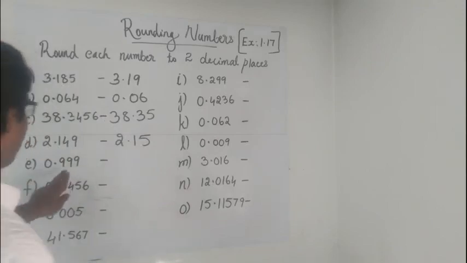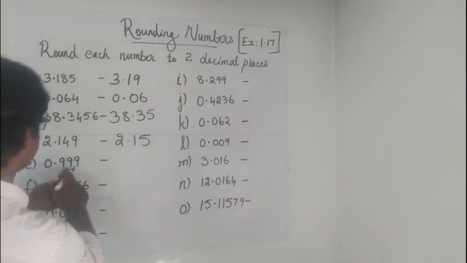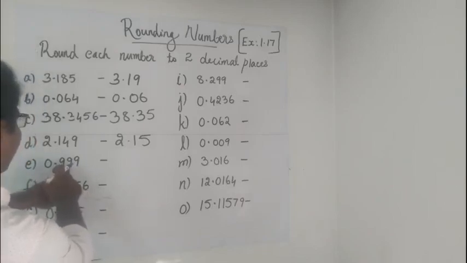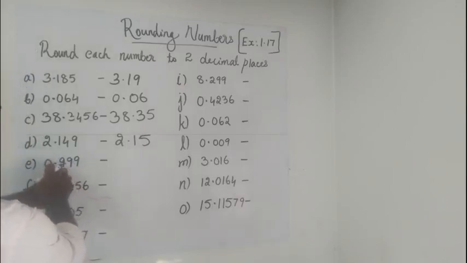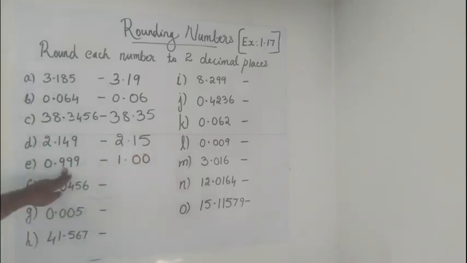Another, 0.999. So we want 2 digits, isn't it? The number after the 2 digits is 9 here, so we have to add 1. It becomes 10, so 1 carries over to this number. So it also becomes 10, so 0, and here becomes 1. So 1.00. Got it?